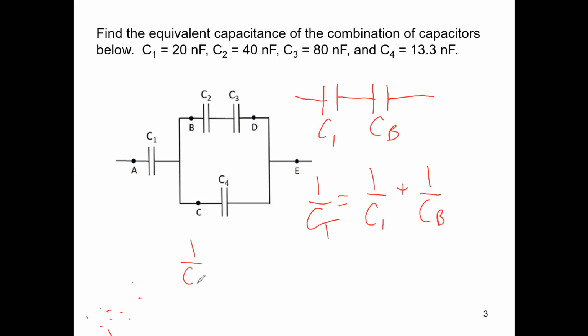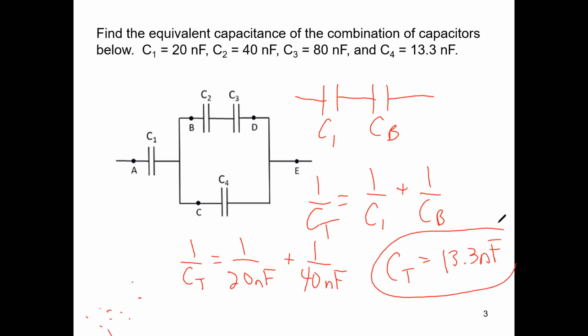So 1 over CT is going to be equal to 1 over C1, which was 20 nanofarads, plus 1 over CB, which was 40 nanofarads. And when I figure out CT, I end up with the result that CT is 13.3 nanofarads. So my equivalent capacitance of this particular combination of capacitors is 13.3 nanofarads.